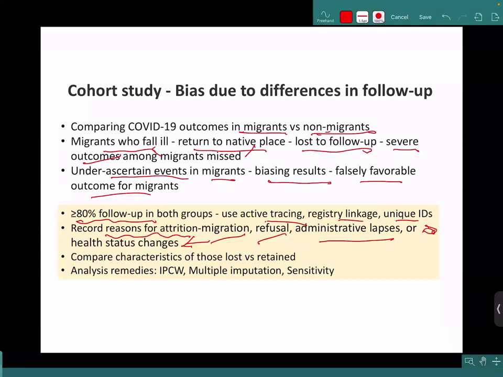Another thing you can do is compare the baseline characteristics of those who were lost to follow up and those who were retained, right?